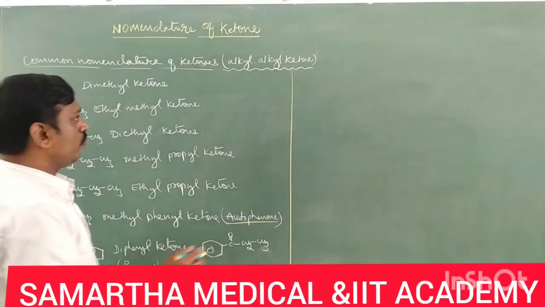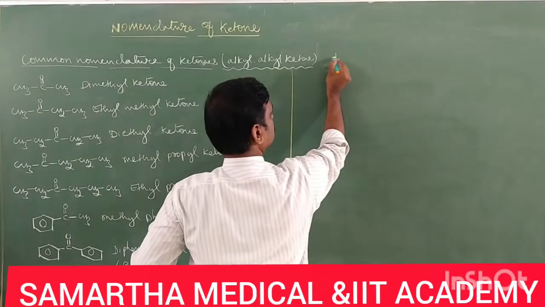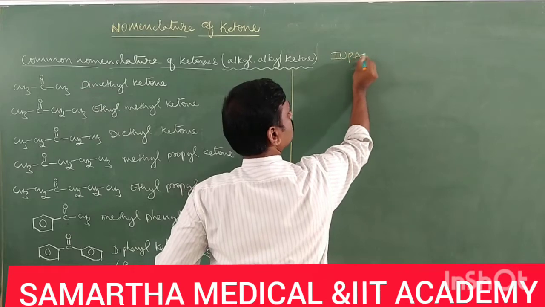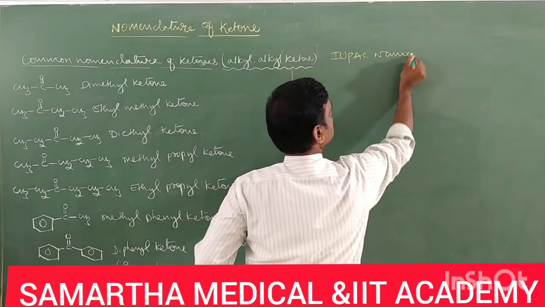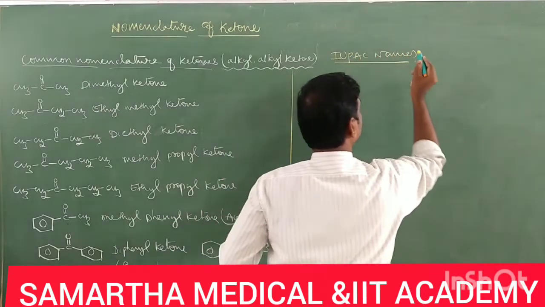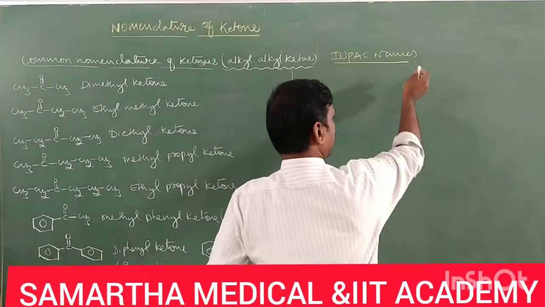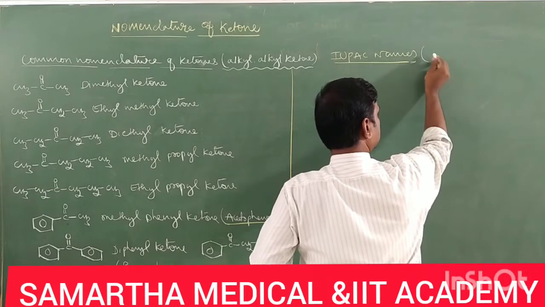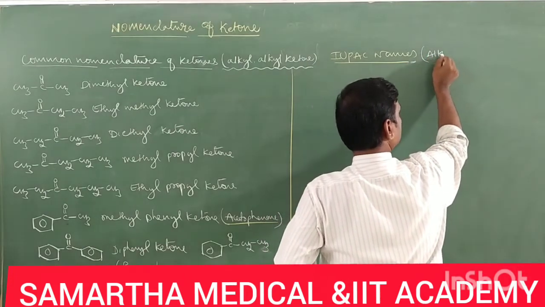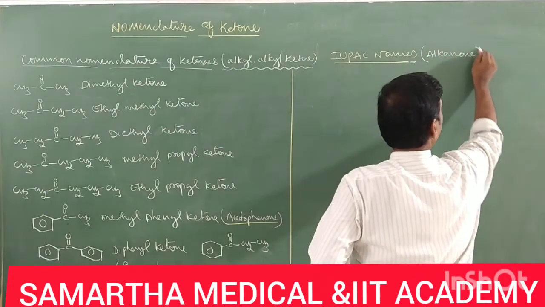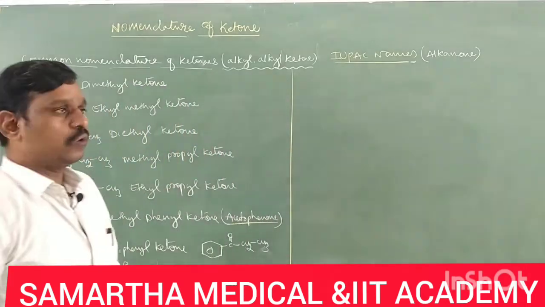Next is the IUPAC name. IUPAC names of ketones: what is the IUPAC name of a ketone? It is alkanone, alkane plus one.